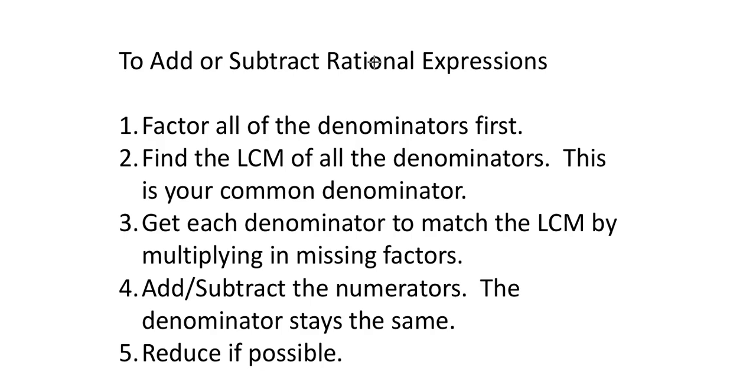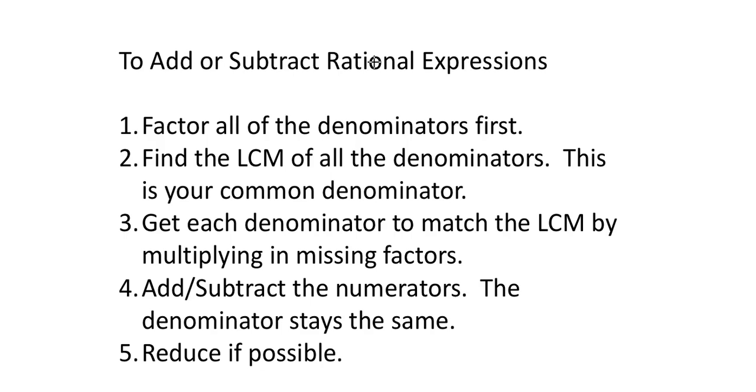Then find the LCM of all the denominators. This will be your common denominator, just like we were doing on the previous examples. So step 2 is what we were just working on for the last few examples. Then once you identify what the common denominator is, get each denominator to match the LCM, match the common denominator, by multiplying in missing factors.